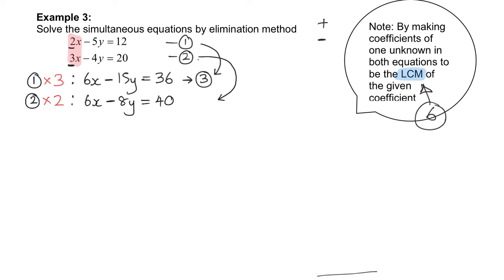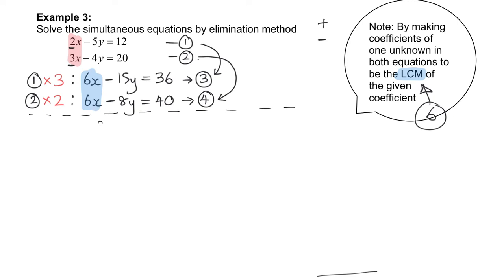So you'll see that equation 2 now changes to equation 4. And we see that finally, after multiplying, the x values now have something in common. Or the x coefficients, sorry. Now what happens after this is simply the same as previously.